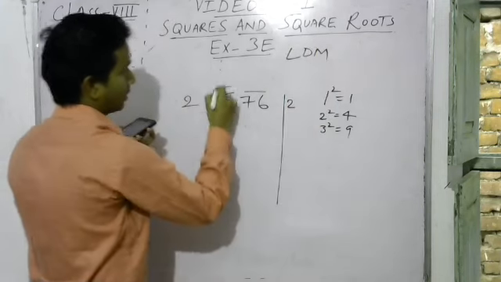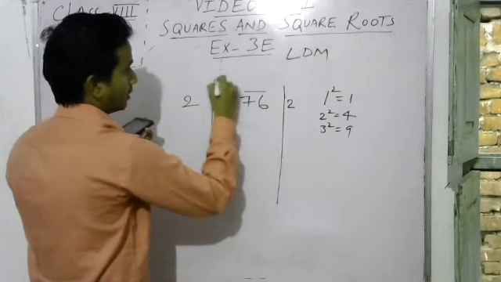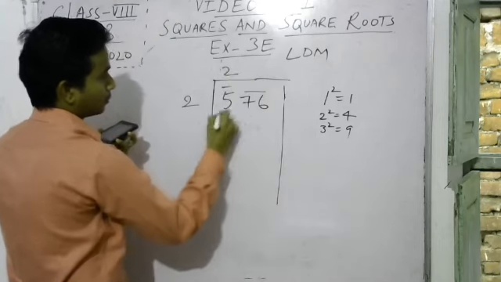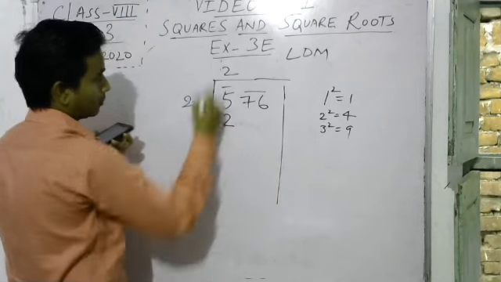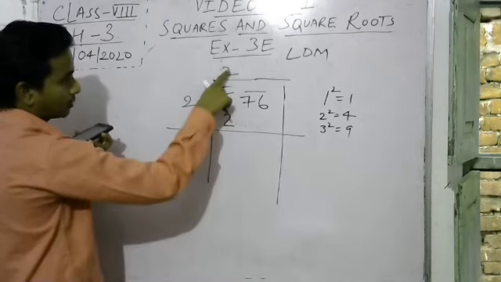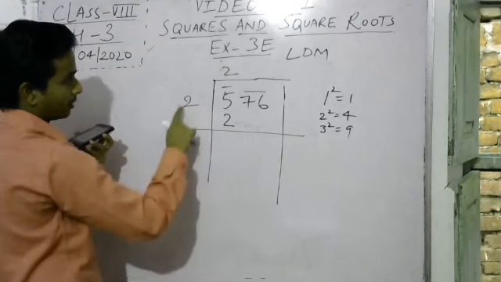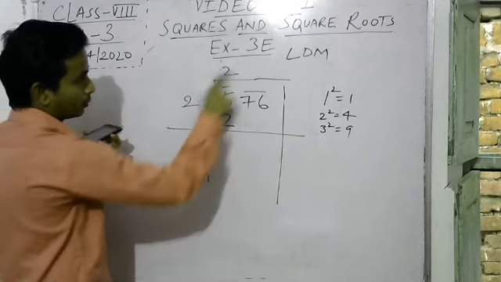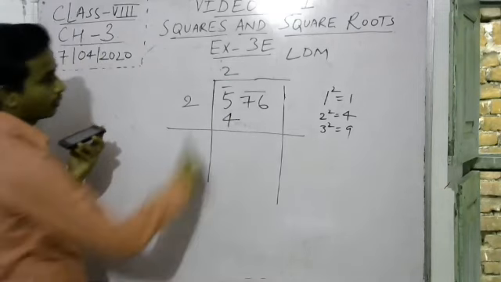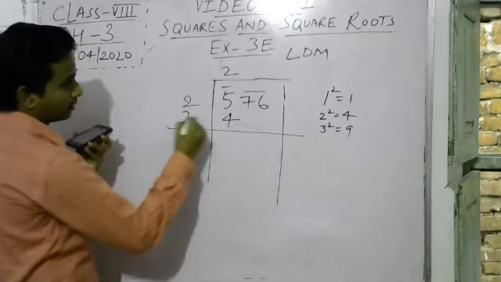Write 2 here and 2 here also. By what number are you multiplying? 2 twos are 4, and write here 2 also.